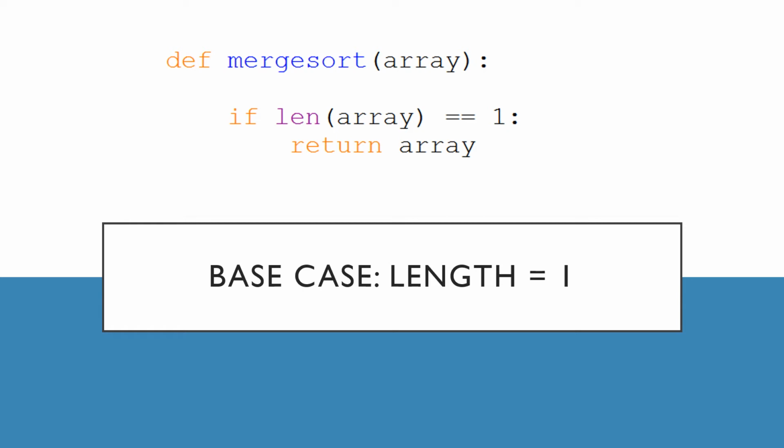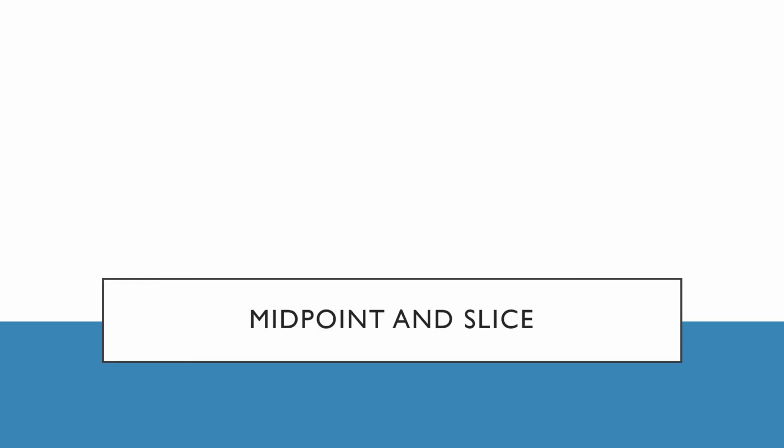All right, so there aren't many commands inside the function following the base case, but let's just write those. We have to find the midpoint and slice the list into a left and a right section. This is somewhat similar to commands you've used before, so see if you can write that.